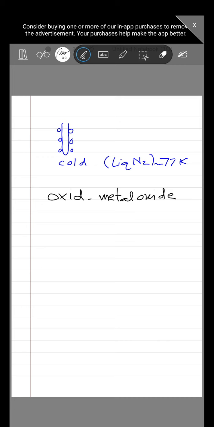Is the ceramic. And after oxidation, it is compacted in situ, means during the experiment, and then followed by sintering.